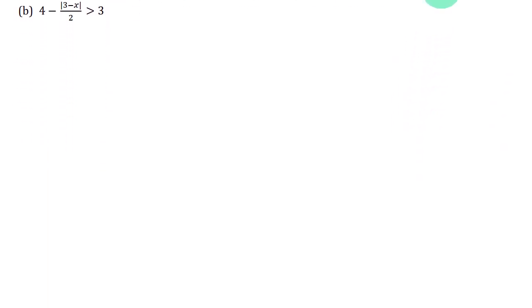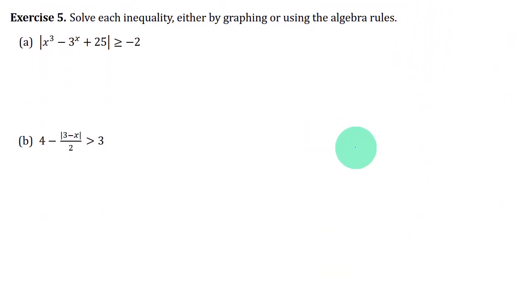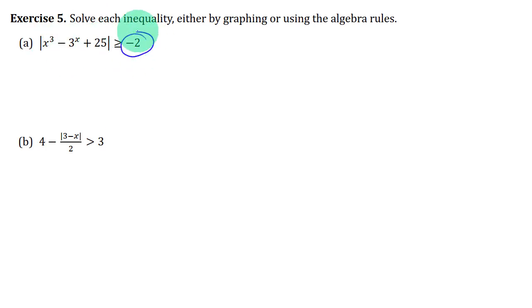All right, is this the last one? Yeah, last one is exercise 5. We want to solve this inequality. The thing about this is, it's got a negative on that side, so the best way to do it is just thinking about it. Keep in mind that the absolute value of anything is always positive.